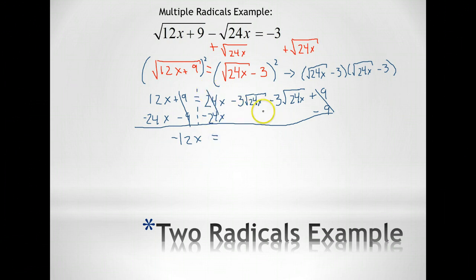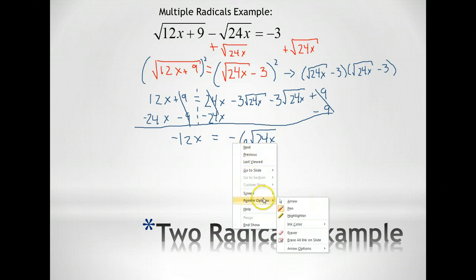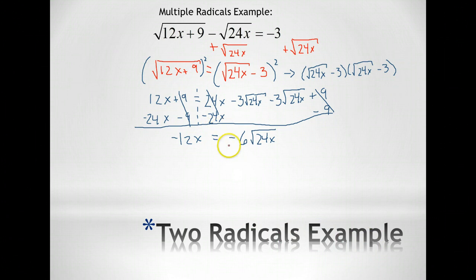I combine like terms here. I get negative 6 times the square root of 24x. Okay, so let's go ahead and change the color of the pen again and divide by negative 6.